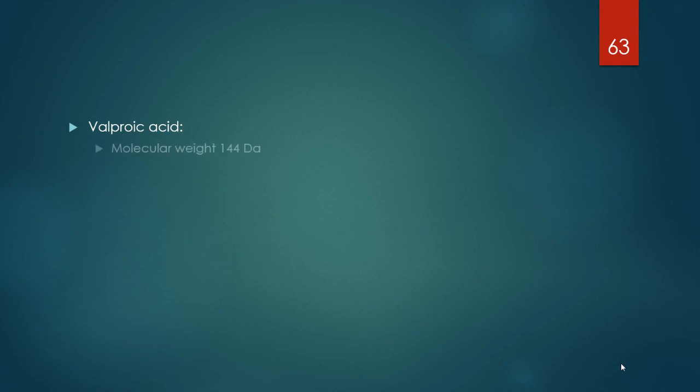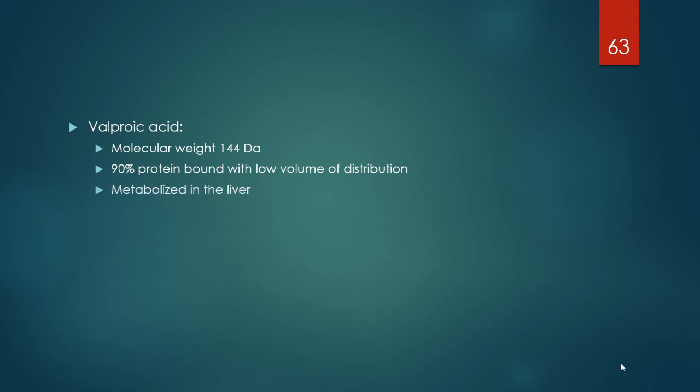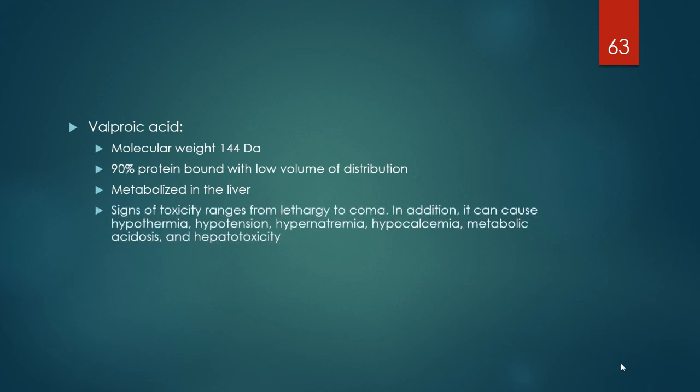So the valproic acid. It has a low molecular weight as well, 144 Dalton, 90% protein bound with low volume of distribution, mainly metabolized in the liver. Signs of toxicity range from lethargy to coma. In addition, it can cause hypothermia, hypotension, hypernatremia, hypocalcemia, metabolic acidosis, and hepatotoxicity.